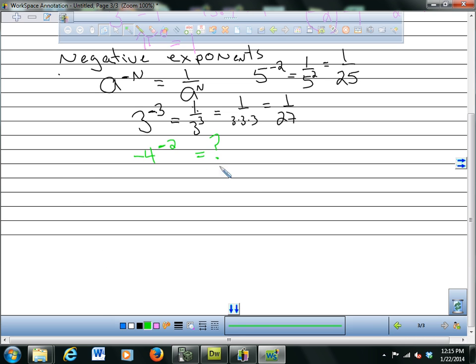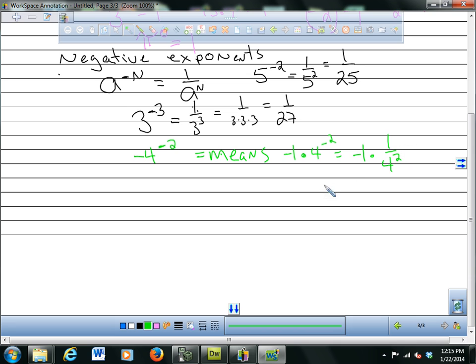Because this means, okay, let me just show you this. This means negative 1 times 4 raised to the negative 2. Because if there's a negative sign in front of it, it means I'm really multiplying by a negative 1 that you can't see. And the reason I wrote it that way is because this is equal to negative 1 times 1 over 4 to the positive 2 power.